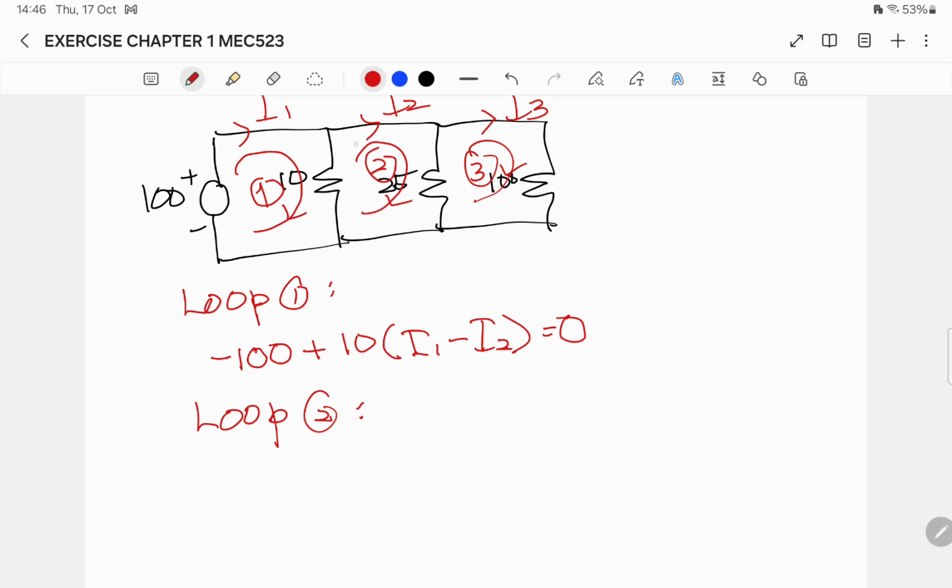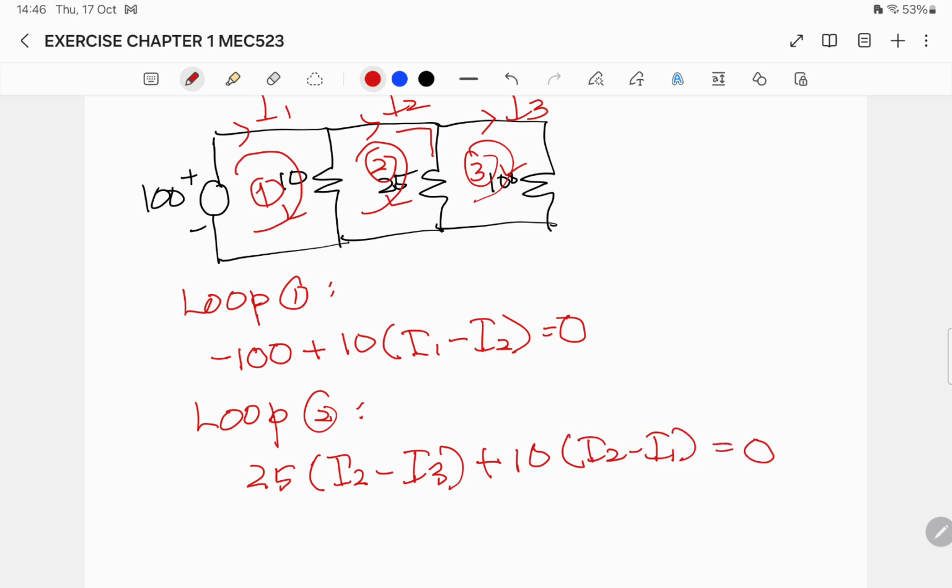Lepas tu loop 2 pula. Loop 2, katakanlah kita start dekat atas ni, turun bawah sini. 25 I apa ada? I2 minus I3 plus 10 I2 minus I1 equals to 0. Okay, good.